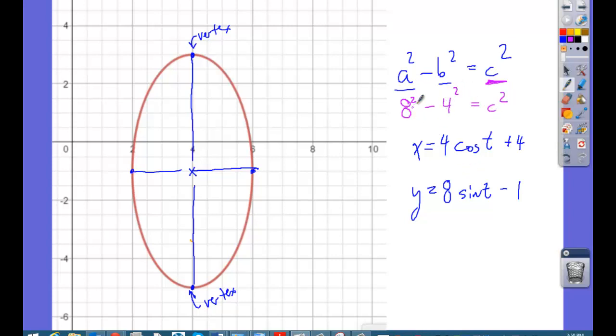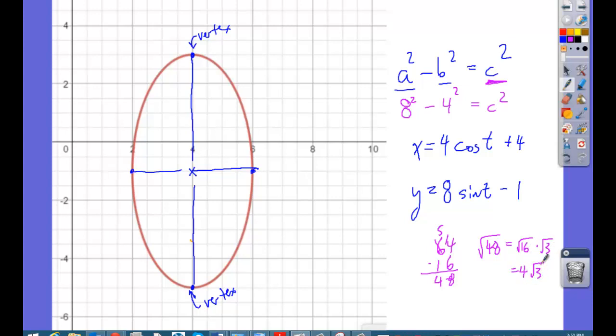So 64 minus 16. What is that? All right, well, I think it's 48, but I'm doing a lot simultaneously here, so I can't trust myself. Okay, so 48. So you take the square root of 48 and simplify that. I can take out 16, and I have the square root of 16 times the square root of 3, and so that's 4 root 3.